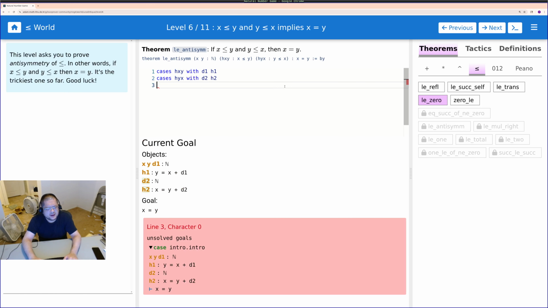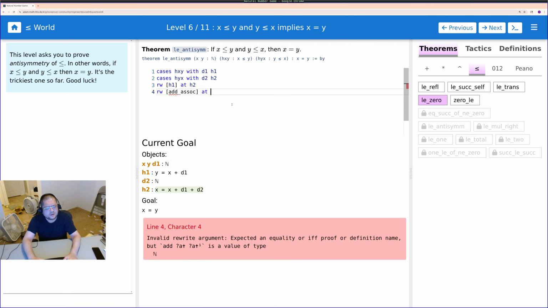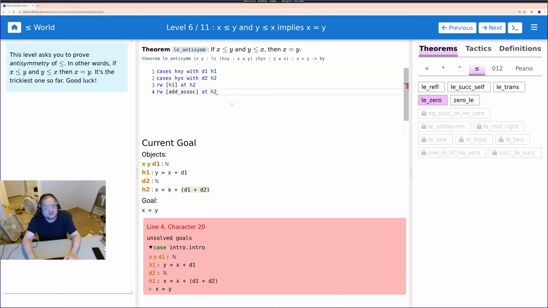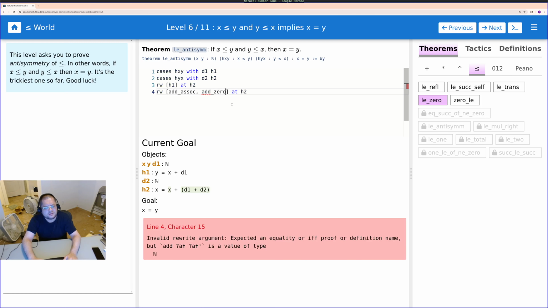Okay, and right. So we're going to prove that d1 is 0, which will get us this, and we'll do that by proving d1 plus d2 is 0. So, and also we're going to do add 0.